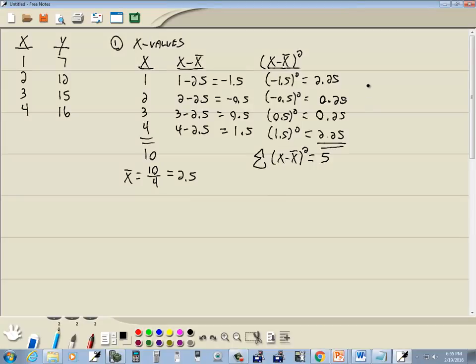Now this is specifically s sub x. So we're going to have the square root of the sum of x minus x bar squared divided by n minus 1. The sum was 5, and we have 4 numbers, so that's 4 minus 1. So s sub x is equal to the square root of 5 over 3.